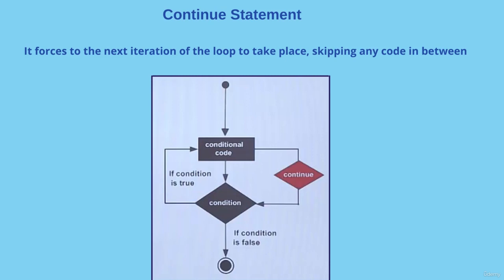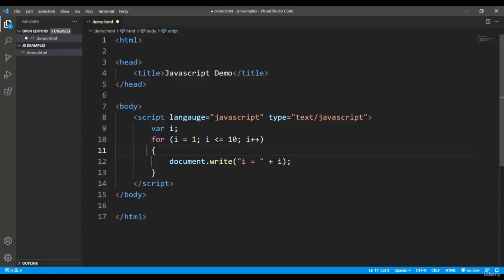This is the loop which is getting continuously executed, but meanwhile if there is a continue statement, it will skip the execution of the remaining code of that loop. So let's see practically how we can implement the break and continue statements.